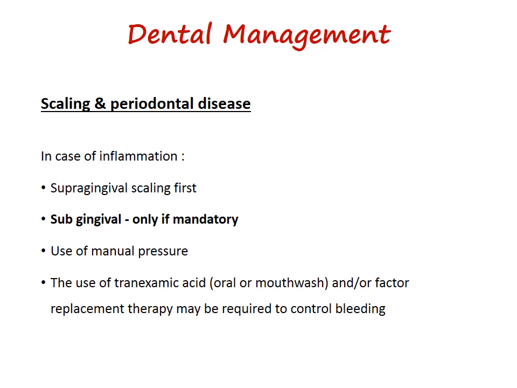Manual pressure can be used, and tranexamic acid or oral mouthwash and other factors or replacement therapy can be used to control bleeding. So tranexamic acid is the one which reduces or stops the bleeding. So you can use this as a mouthwash, or as a replacement therapy to control the bleeding.